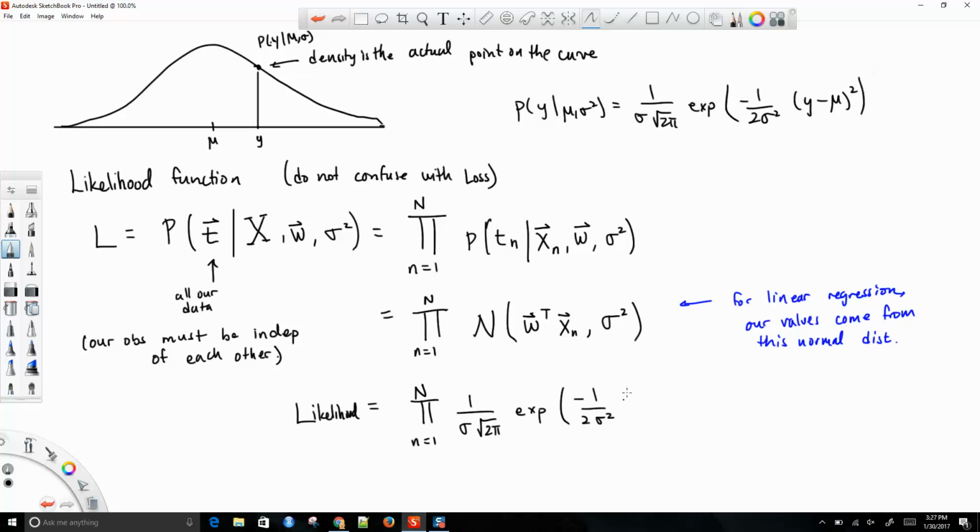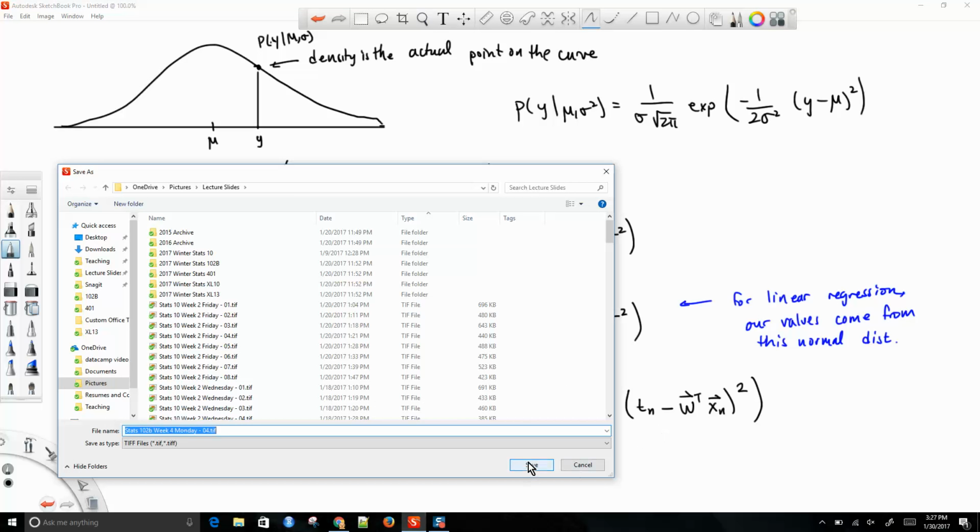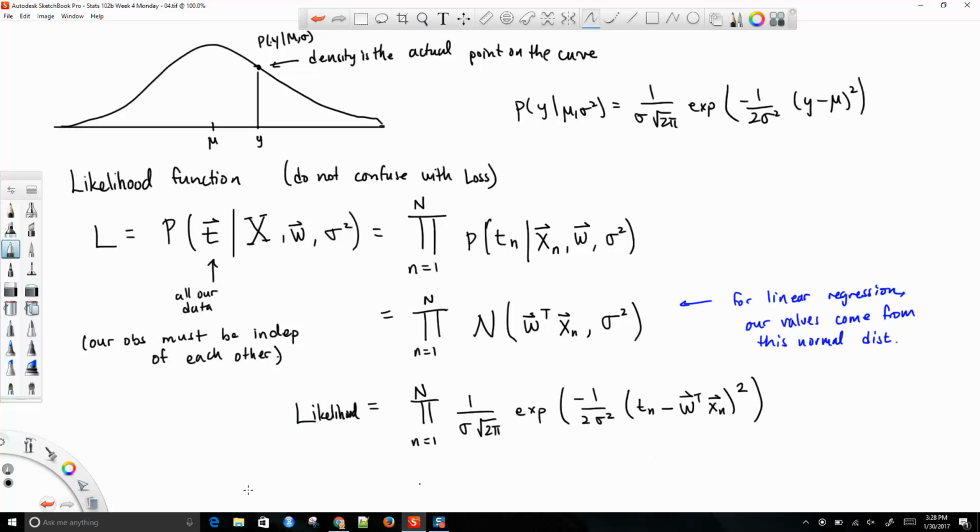And then what do I have? My y is my observation t sub n, and then the mean is the W transpose X sub n, right? So now we have the product of each observation's probability. So this is my likelihood function.